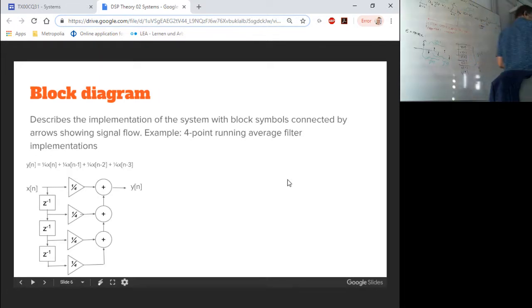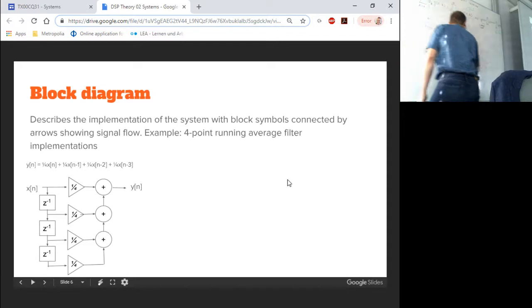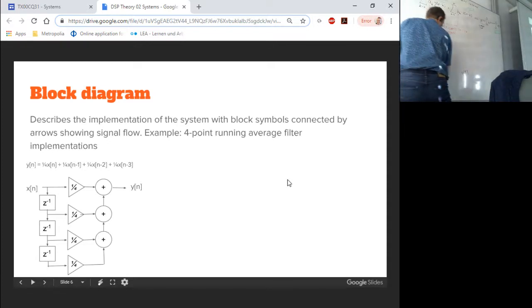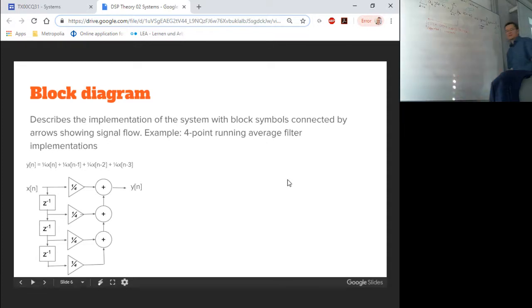A block diagram. Block diagram of that one. Very simple.